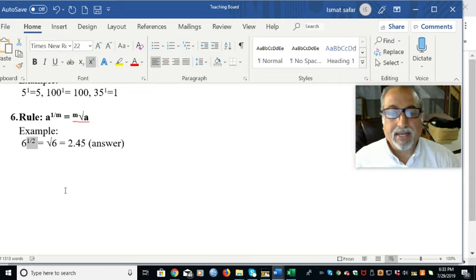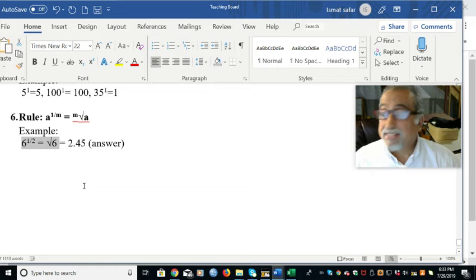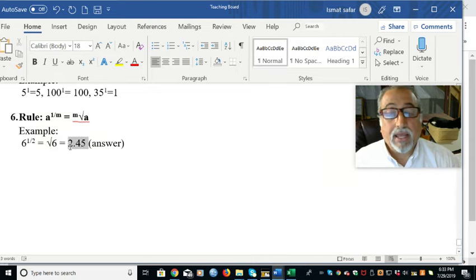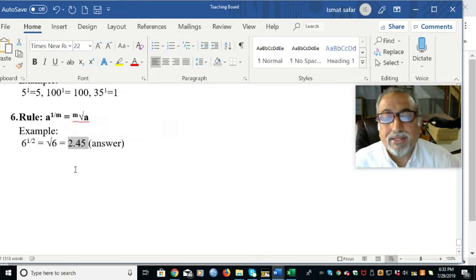So 6 raised to the power half is the same as the square root of 6, and that's what they're saying here. The square root of 6, if you use a calculator, or my book has a lot of square root answers in the tables, is 2.45.